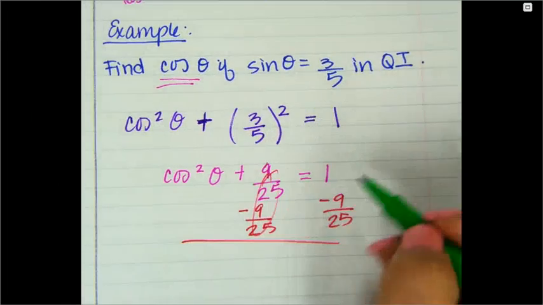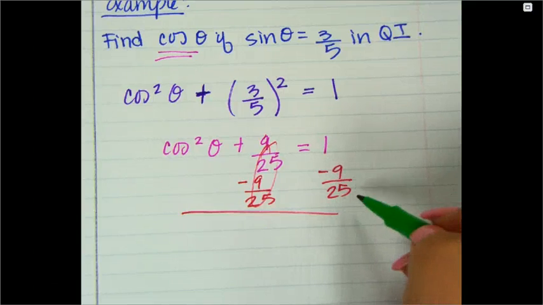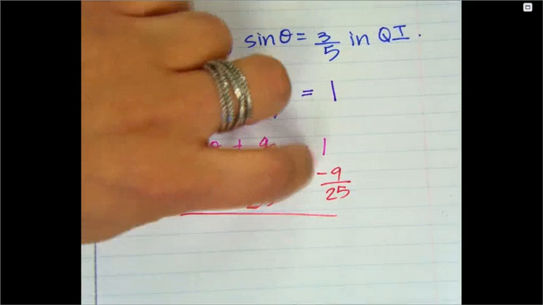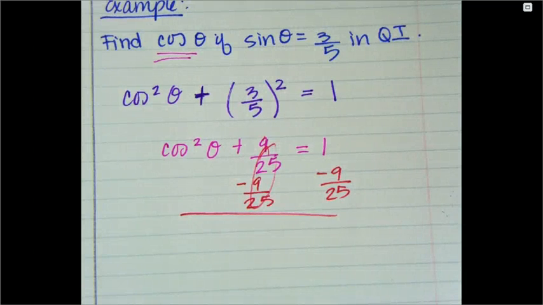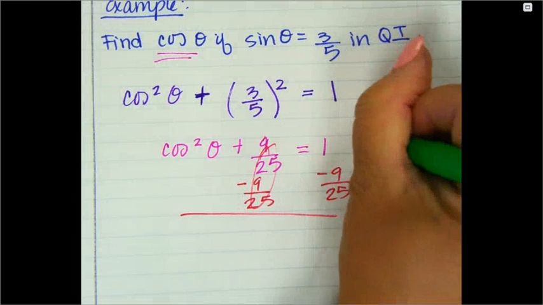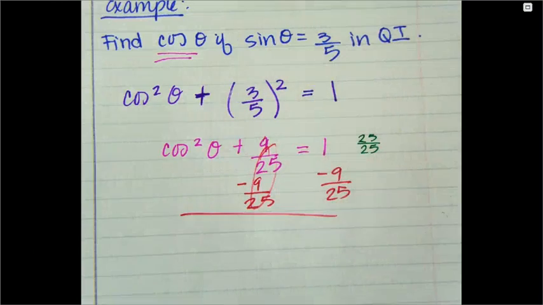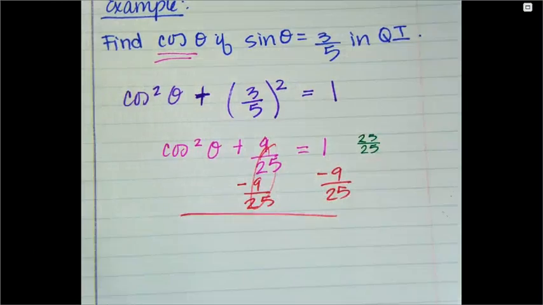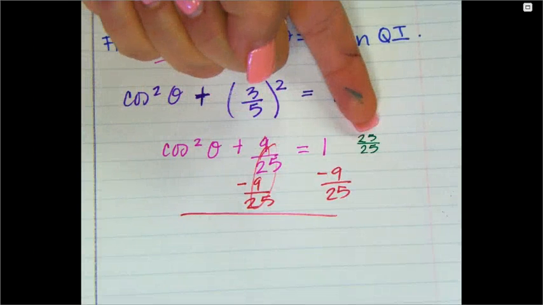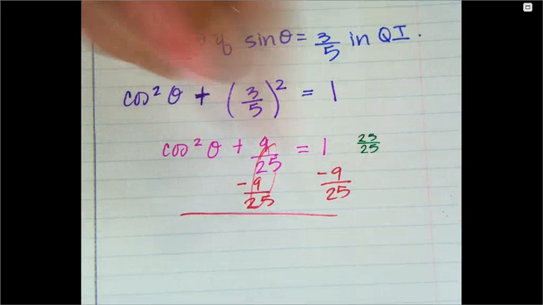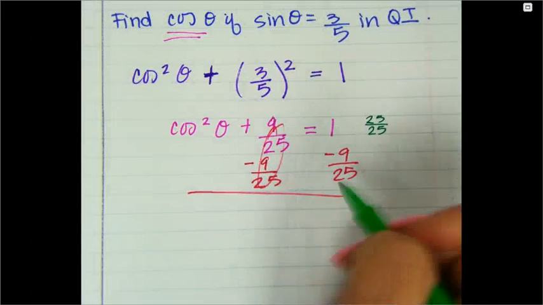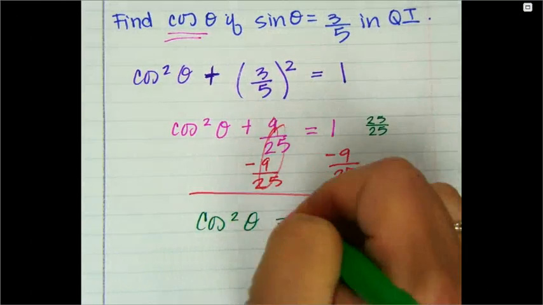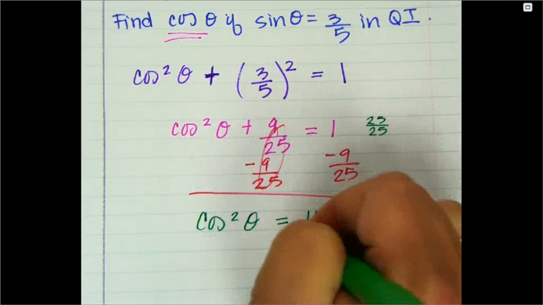Now, I have 1, and I'm going to subtract 9 over 25. But I don't want to leave it 1 because it doesn't make sense. So I make it 25 over 25. Why 25 over 25? Because your denominator is 25. If my denominator is 36, then my fraction's 36 over 36. Subtract 25 minus 9: 16 over 25.